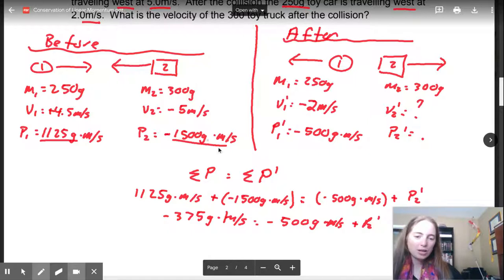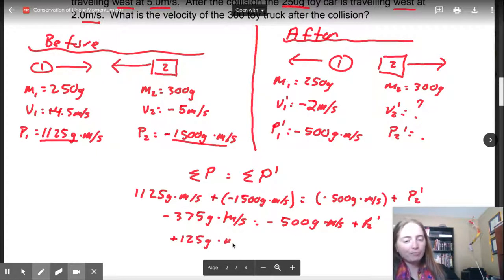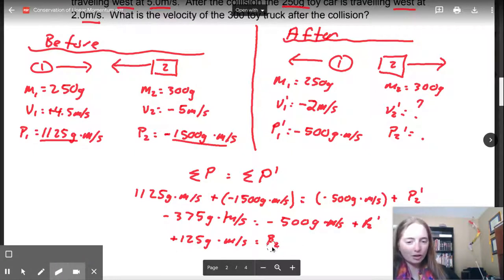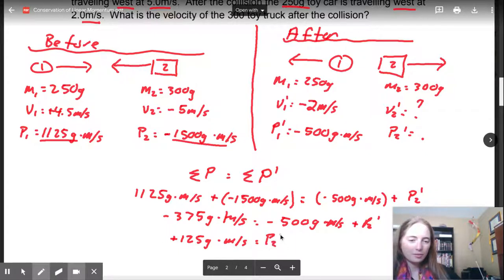Okay. Well, I can simply rearrange this by adding 500 over here. So I add 500 on the right, add 500 on the left, easy peasy. And you are going to get your positive 125 gram meters per second is going to equal the value of that P2 prime.